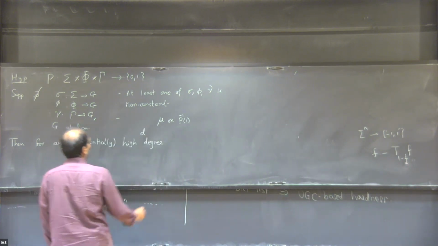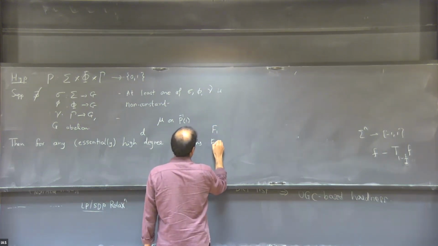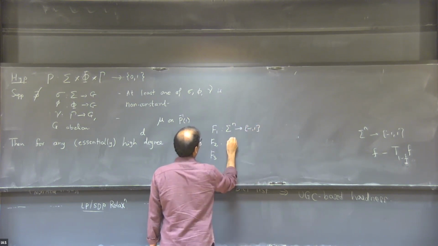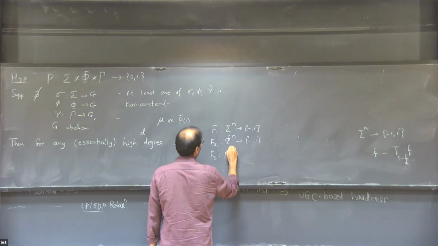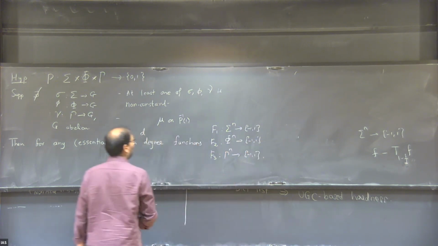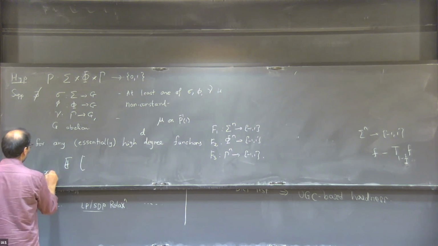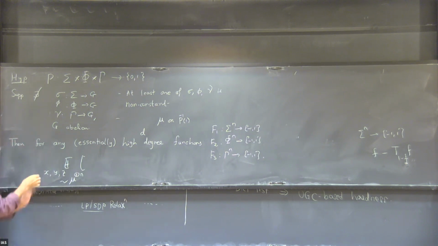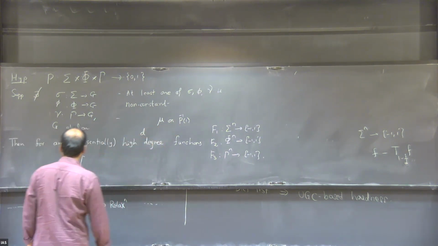So for any essentially high degree functions, let's say f1, f2, f3, these will be functions from sigma to the n, phi to the n, gamma to the n, into -1, 1, bounded. It holds that the expected value, if you pick 3 inputs X, Y, Z in mu to the tensor n, exactly like this, it's a 3 cross n matrix where every column is according to mu, and mu is fully supported on the set of satisfying assignments.